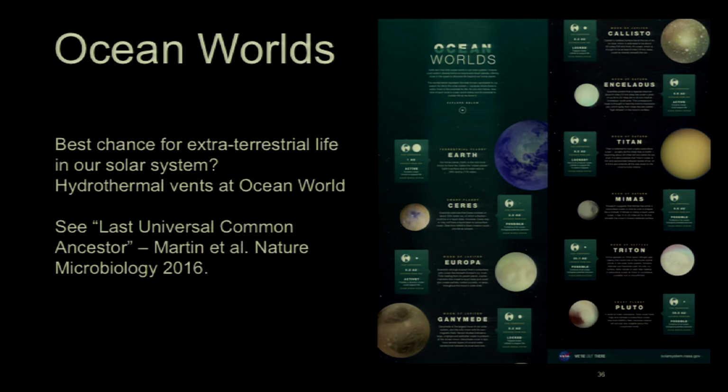Why are we interested in these ocean worlds? According to a larger and larger contingent of scientists, these are the most likely places where we might find life not on Earth in this solar system. I would refer you to a great paper by Martin et al., a DNA-based analysis in Nature Microbiology, about what's called the last universal common ancestor.